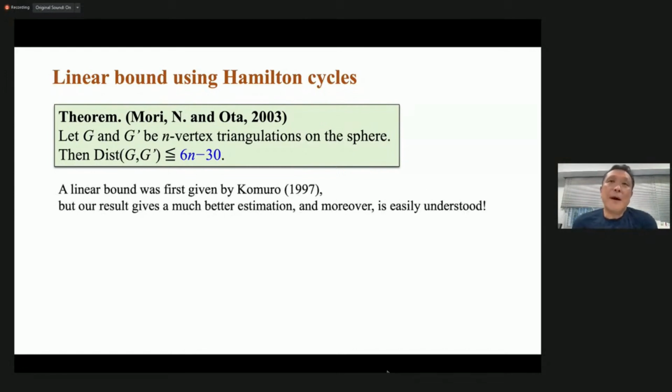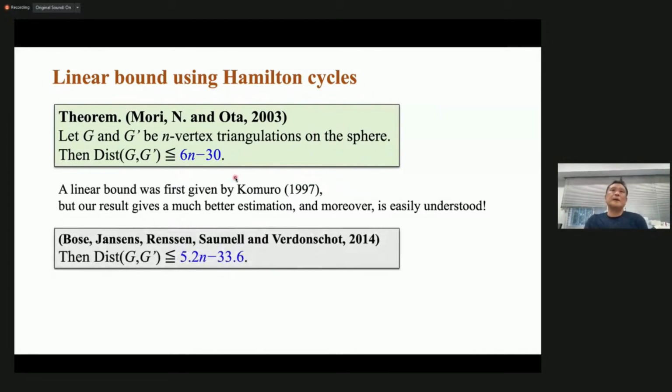A linear bound was first given by Komuro in 1997, but our result gives a much better explanation, and moreover, it is easily understood, so we'd like to mention this one.